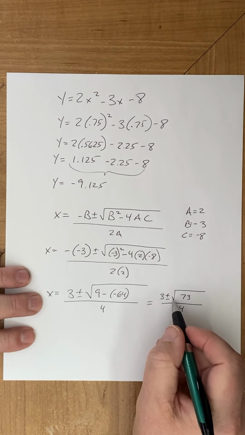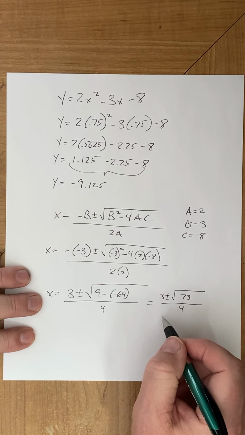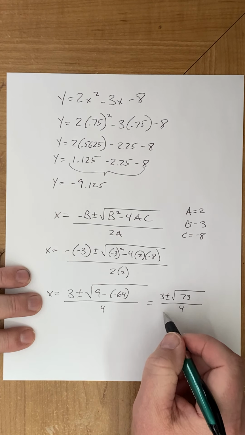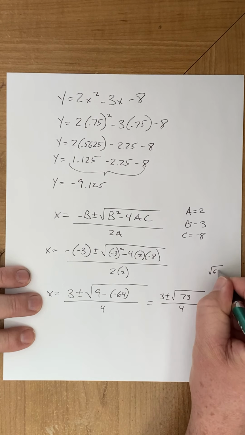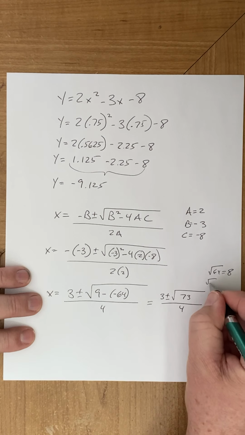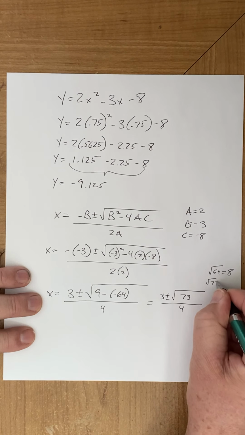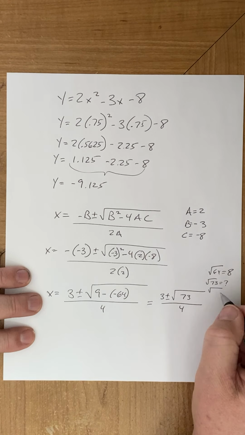So what could the approximate answer of the square root of 73 be? Well, the square root of 64 is 8. Square root of 73, that's our question mark. Square root of 64, what's after 64?